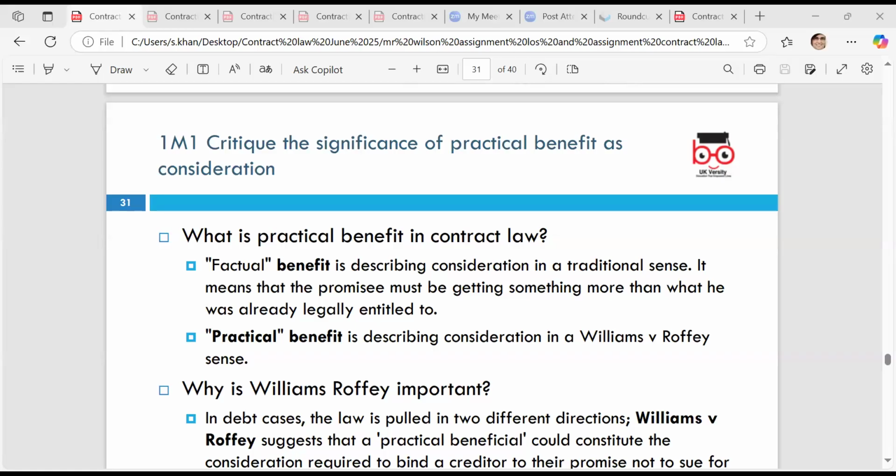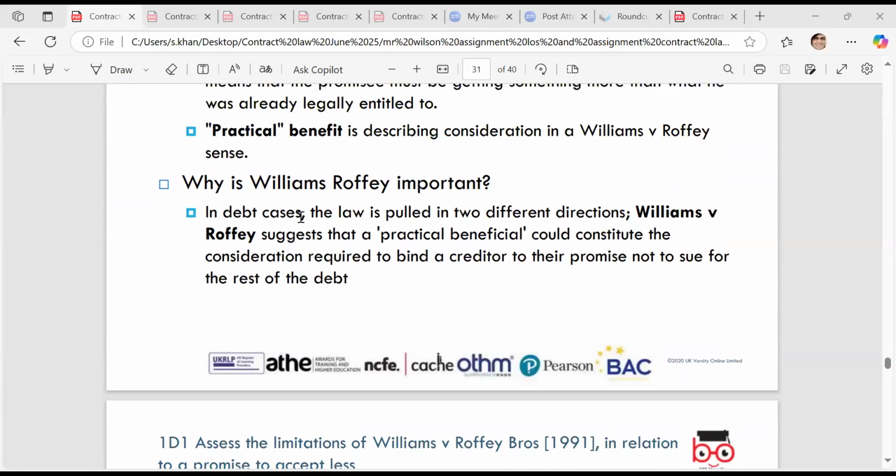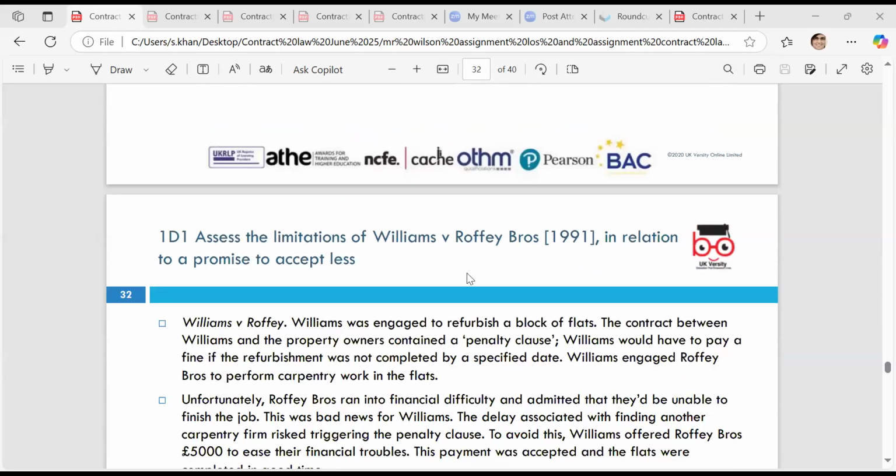So you've got factual benefit and you've got practical benefit. Factual or practical benefit can be sufficient in consideration, as we mentioned earlier. And the famous case to deal with that is Williams v Roffey, and this identified the element of the factual and practical benefit in consideration.